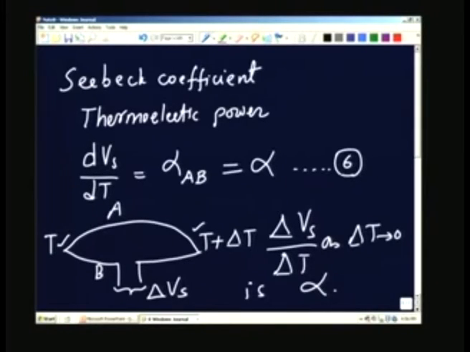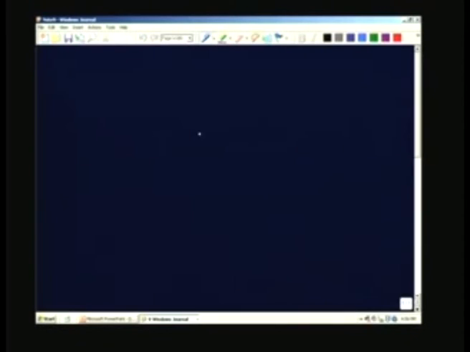This is just a useful way of describing the Seebeck effect. Now, let us look at the entropy generation which is going to take place in such a system. We are going to say that the entropy generation is 0.